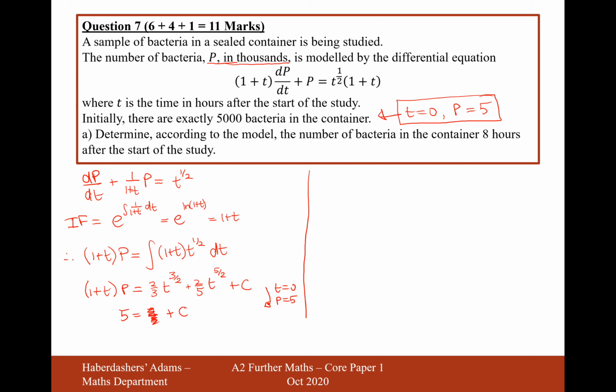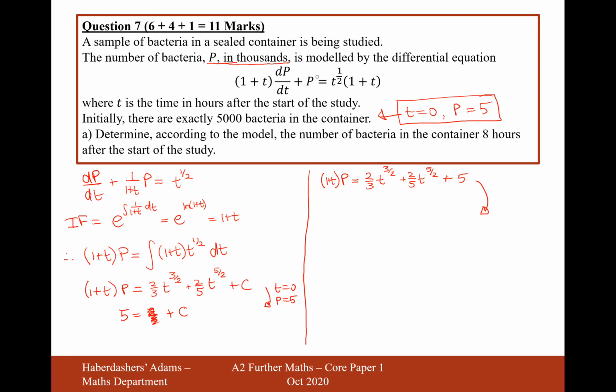So therefore, we can say that 1 plus t times P equals 2/3 t to the power of 3 over 2 plus 2/5 t to the power of 5 over 2 plus 5. So now what I'm going to do is determine by the model the number of bacteria in the container 8 hours after the start.